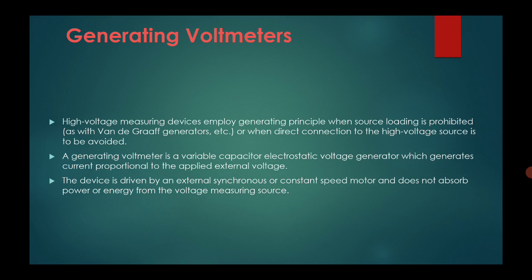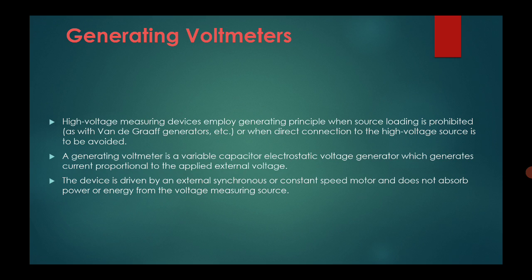Next we will talk about generating voltmeters. Now what happens here is that high voltage measuring devices employ the generating principle when source loading is prohibited, as with the Van de Graaff generators. When you connect voltmeters as previously, we are actually loading the source. That means you are connecting a load, a high resistance, across the source.